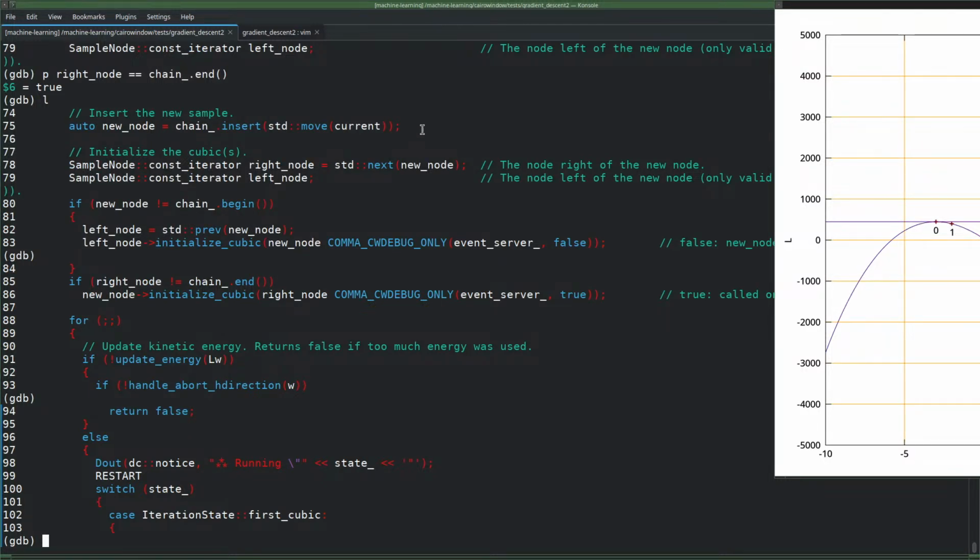And then what is the code going to do? If new node is not at the beginning, and this one is new node, so it's not at the beginning.